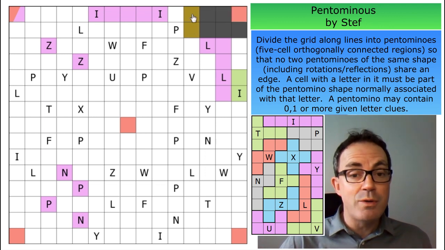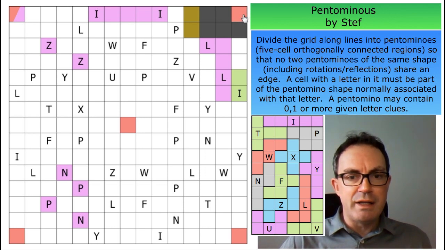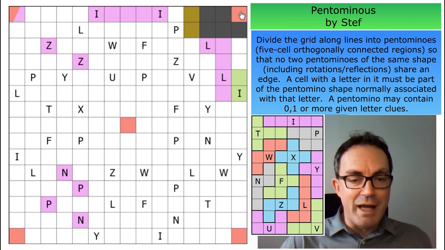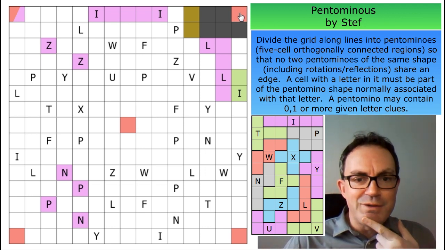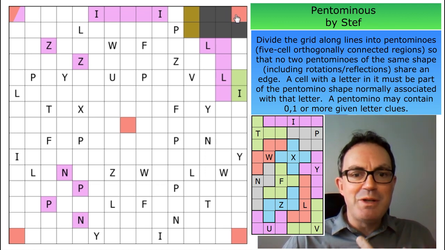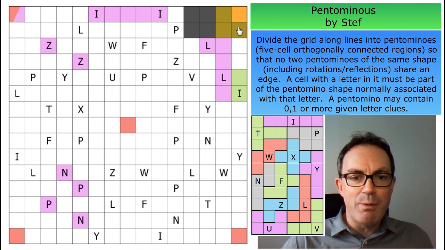And if you have to take those two at least, what pentomino are we drawing coming out of here? It's impossible. You're going to have to make this a P, however you draw it.